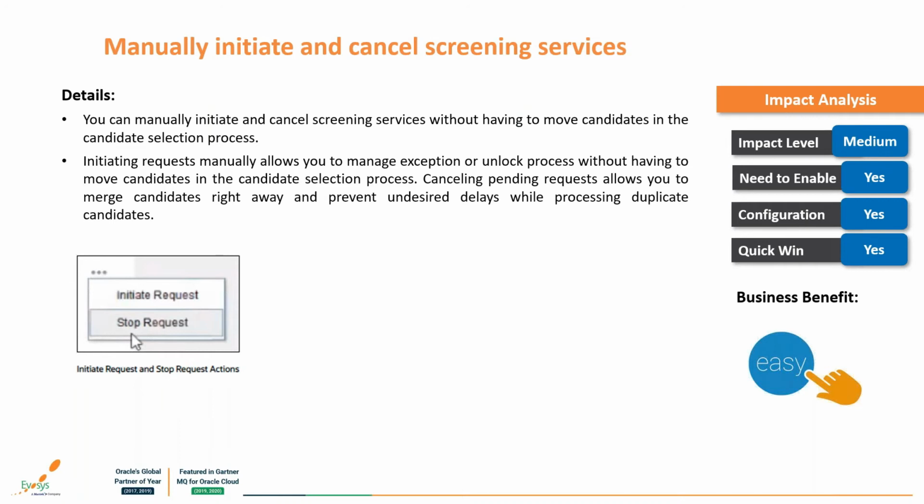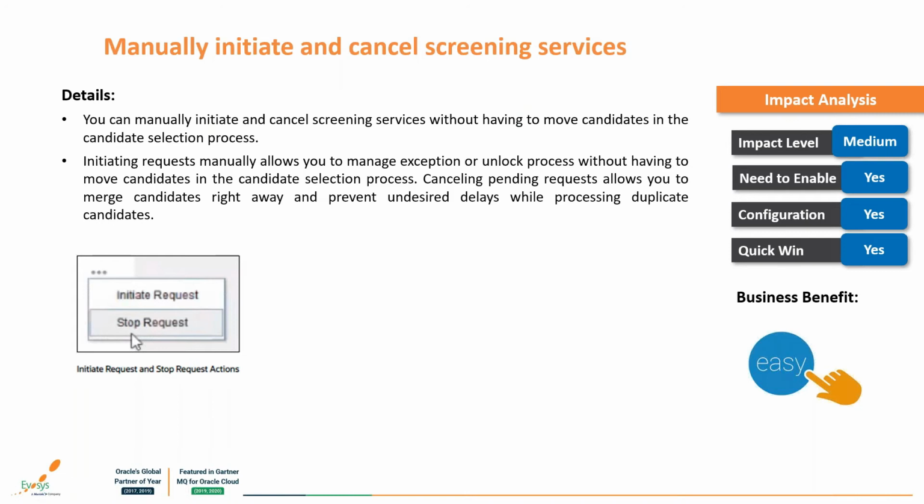So if you want to hire any candidate on an immediate basis, and you just do this drop request for screening services, this will allow you to hire the candidate without undesired delays in processing the duplicate check candidates. So yes, this is easy to use, and the impact level is also medium. This feature is also helpful for the customers who are using ORC.